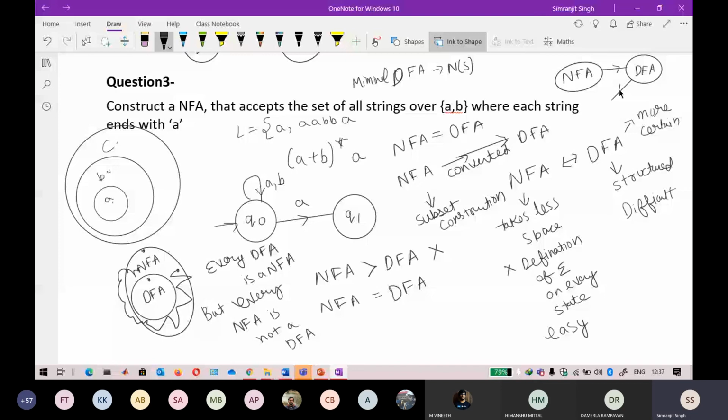If you are attempting competitive exams like GATE and NET, they will always give you a very confusing question. At first look that question seems very easy, but if you directly try to draw a DFA, you will always get a number of states more or less than asked. So in an exam, always draw an NFA first, then convert this NFA into a DFA, and then minimize this DFA.